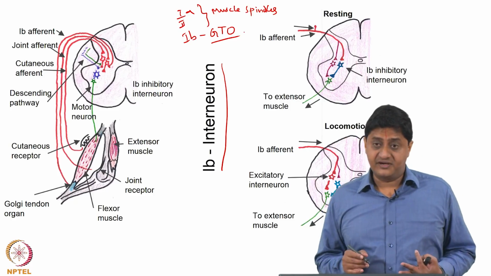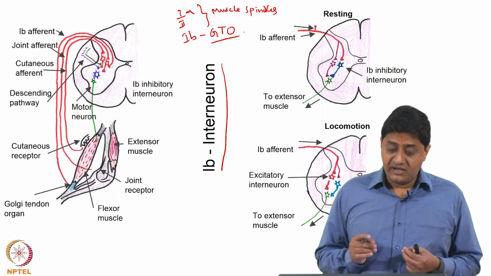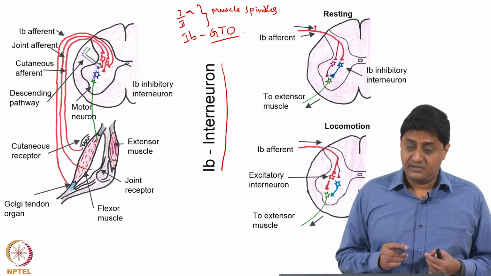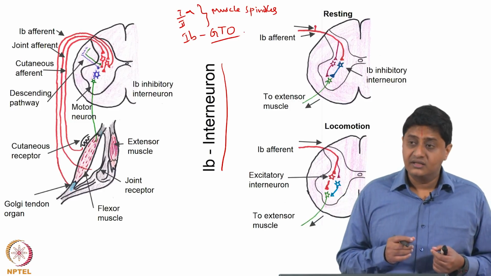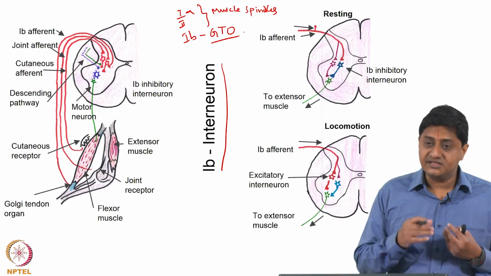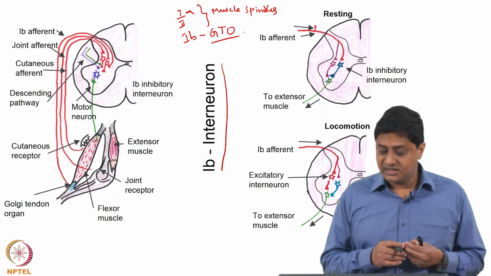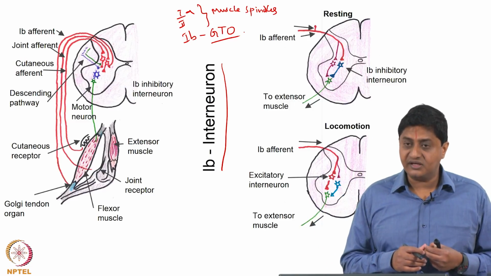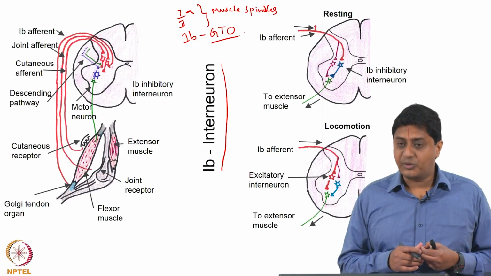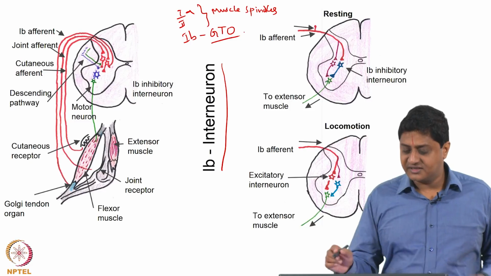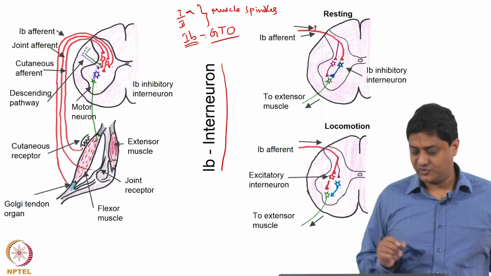When will this be activated? Whenever a muscle is contracting. If a muscle is contracting, the tension in the tendon is going to increase. When the tension in the tendon increases, the Golgi tendon organ is going to get activated and send proportional inputs through its afferent, and its afferent is called the 1B neuron.